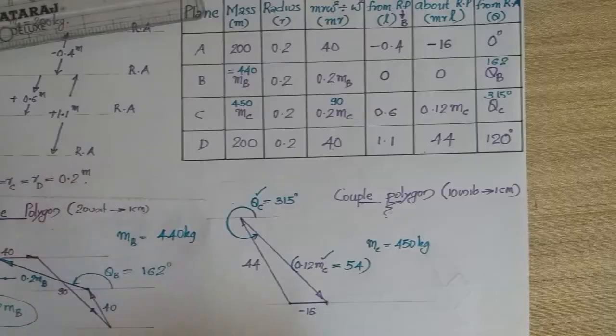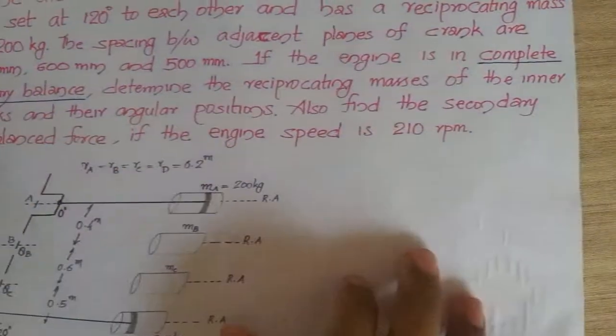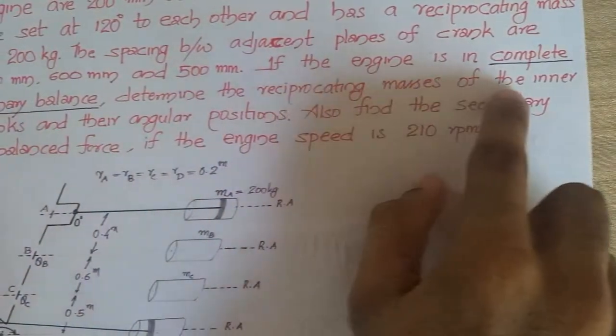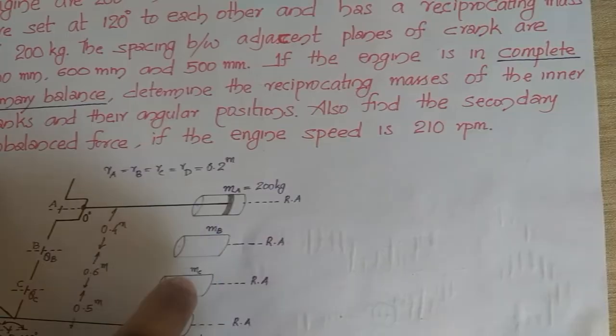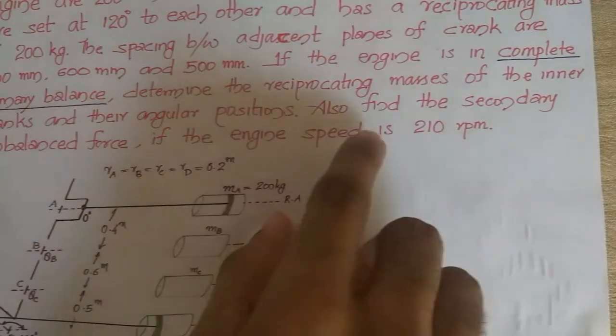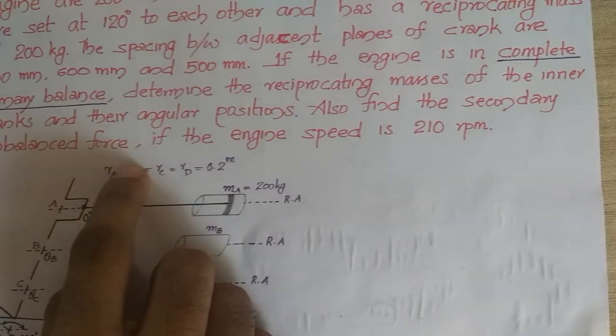4 unknowns are solved. Next, the remaining thing is you have to determine the reciprocating masses of the inner crank. MA, MB, MC, theta B, theta C are obtained, and you have to find the secondary unbalanced force. That we will see now.